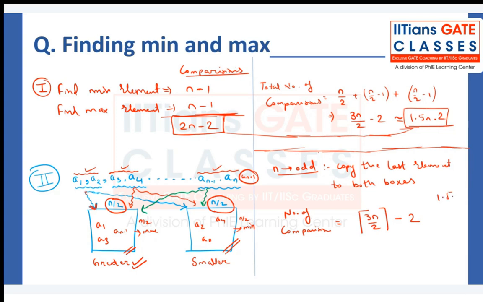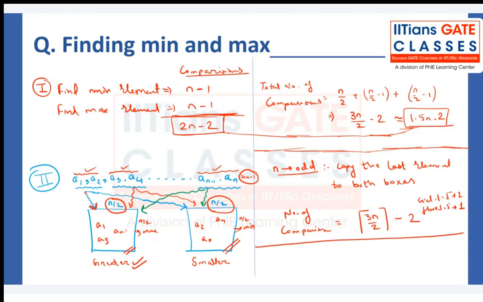So if you have 1.5, it rounds off to 2. One is ceil and one is floor. The floor function will round off your 1.5 to 1. Now how does this ceil come out? Because we are copying our last element to both the boxes, it is bound to increase our number of comparisons by 1.